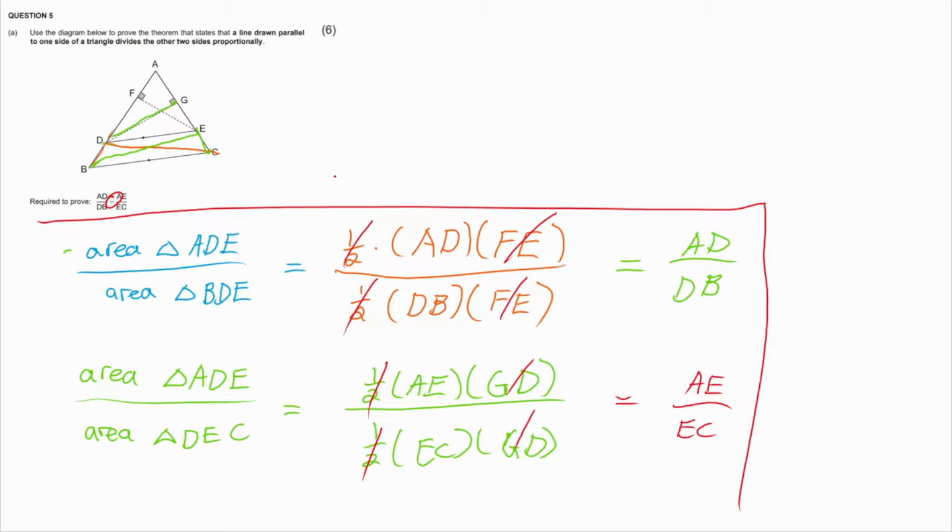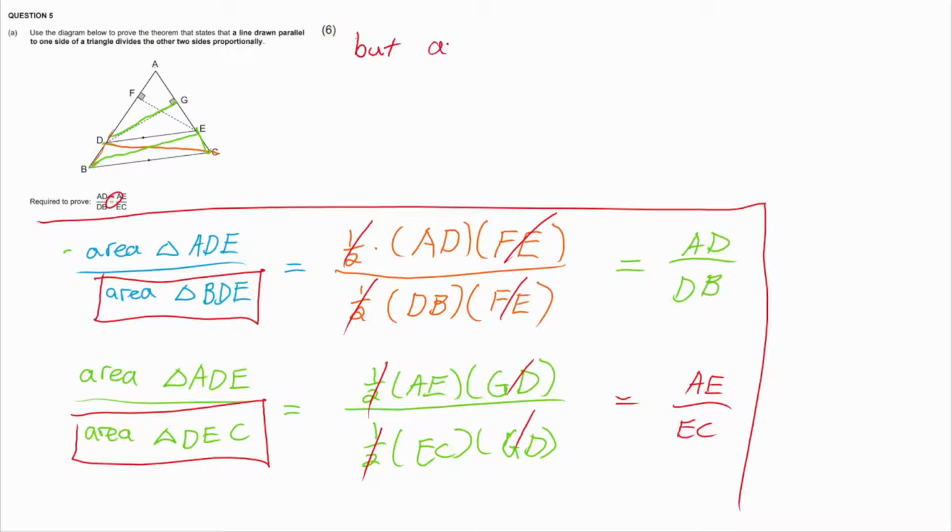We know that this area is equal to this area because they're the exact same triangles. The areas are equal. What the connection needs to be is that this thing now needs to be equal to this thing. So we're going to say, but the area of triangle BDE is equal to the area of triangle DEC.